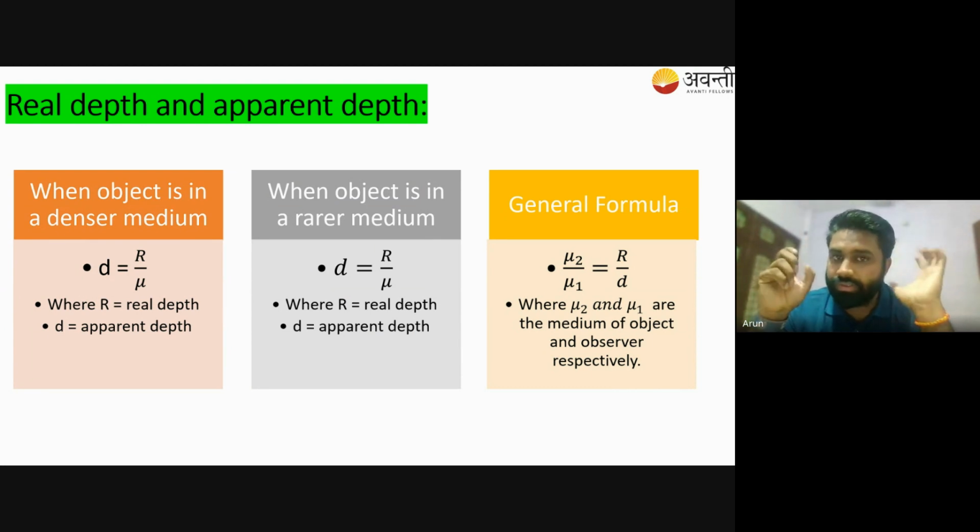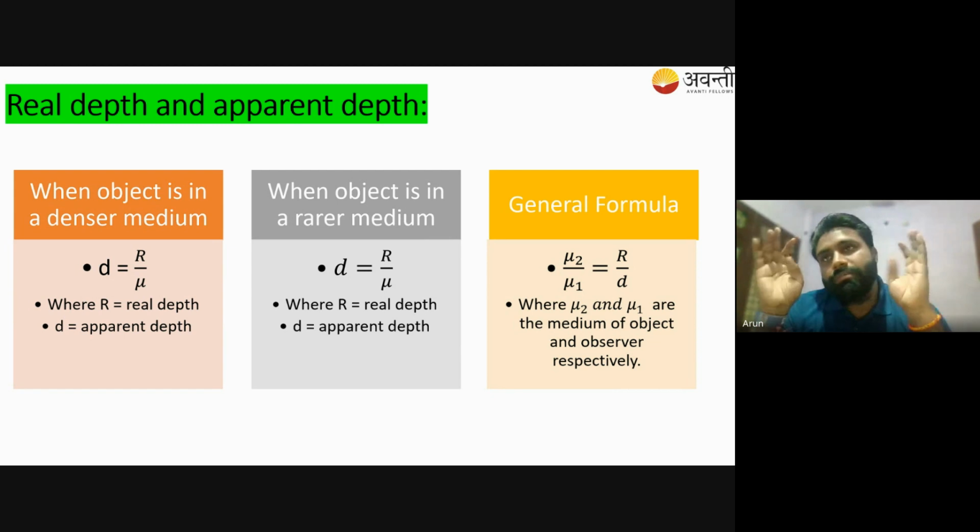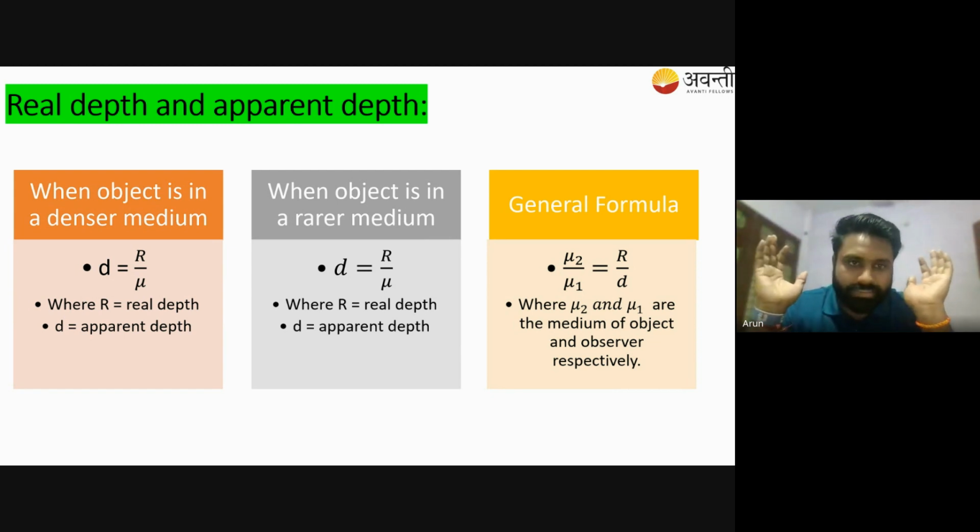Are you focusing on the observer? Are you focusing on the object? For simplification, because we measure this apparent depth or real depth for the object, not for the observer.